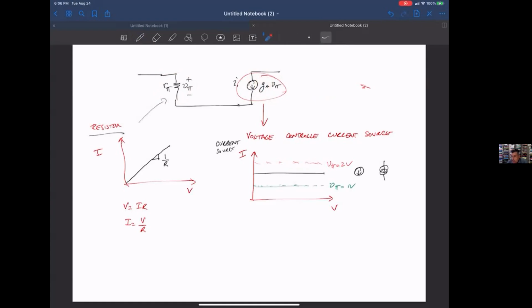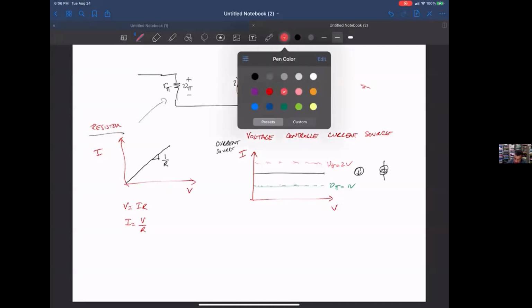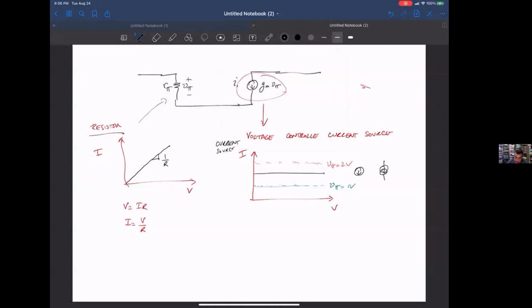We'll see later why that's called G sub m, it'll be meaningful later. Okay, so that's a voltage controlled current source. Any questions so far? Resistor, current source. Everybody's good with that? We won't have too many complicated circuit elements, but we'll have those.